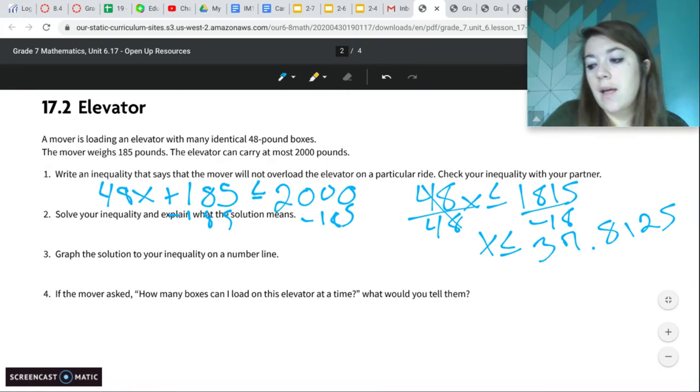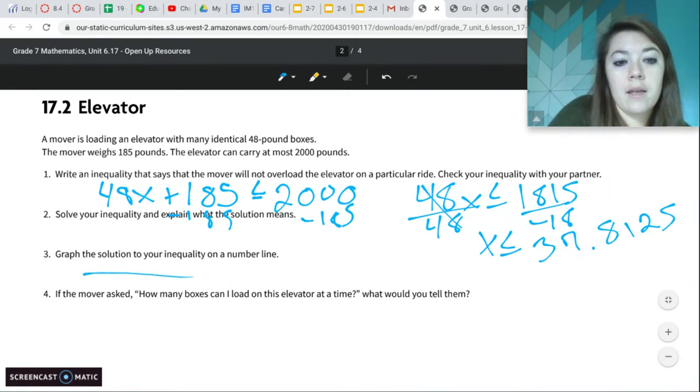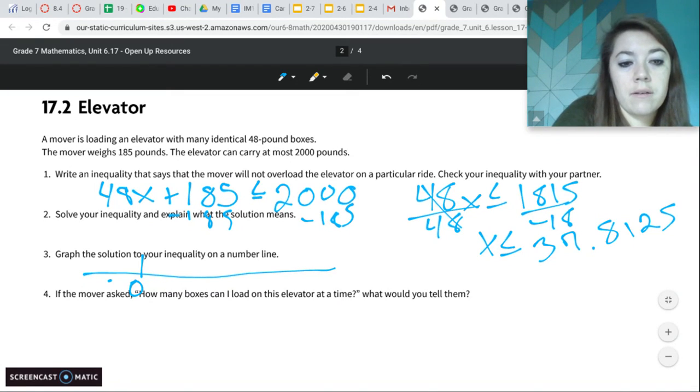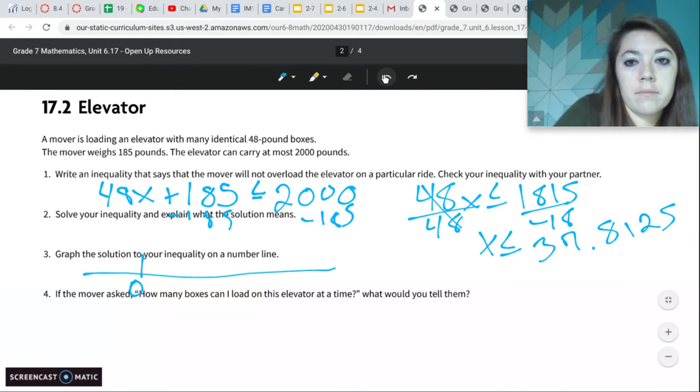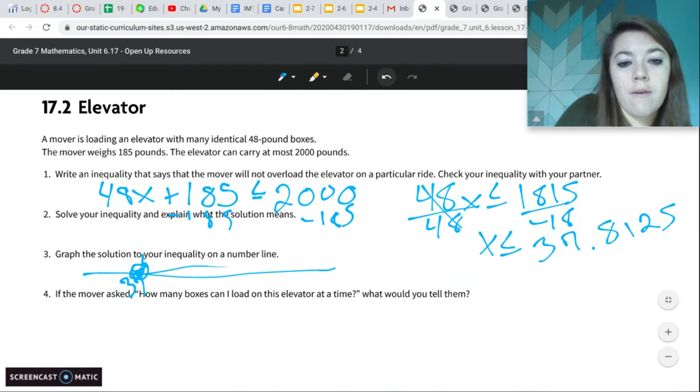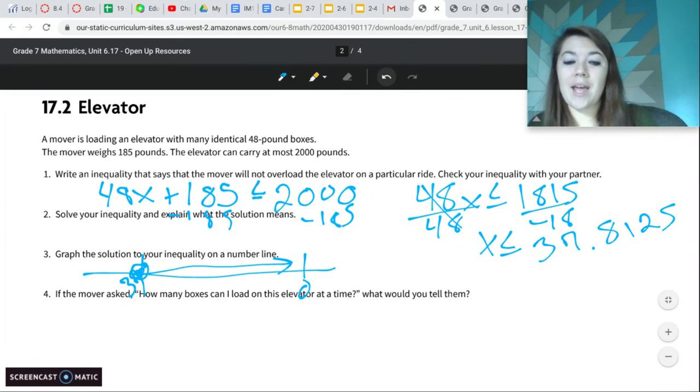If we were to graph this on the number line, here would be our 37, and everything lower down to 0. And it can only be whole numbers because we can't have portions of boxes.